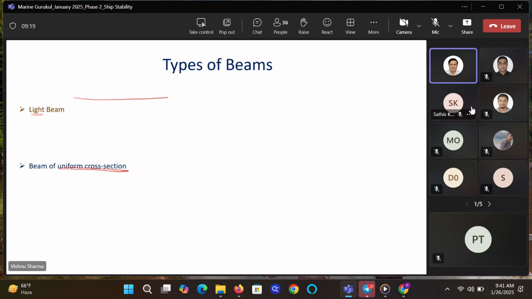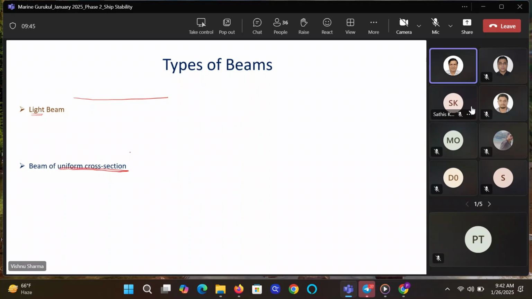I'm talking about the area and shape. So if it is circular at one point, it will be the same circle at the other point. If it is square at one point, it will be square at another point. If it is triangle at one point, it will be triangular at another point. If it is irregular at one point and the same irregular shape is at another point, those will be beams of uniform cross section.